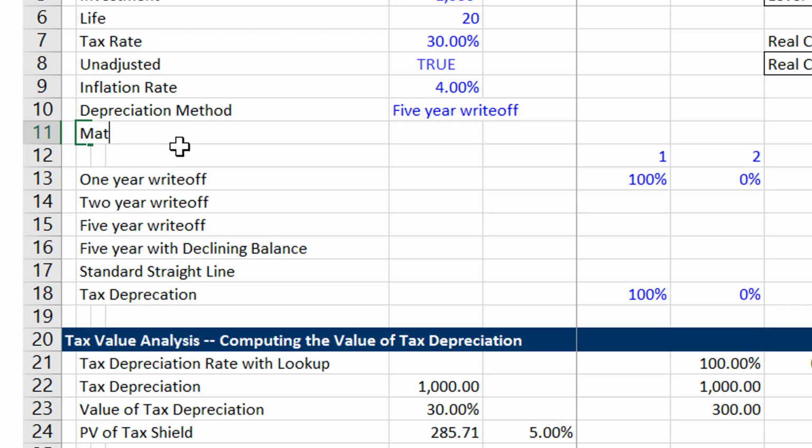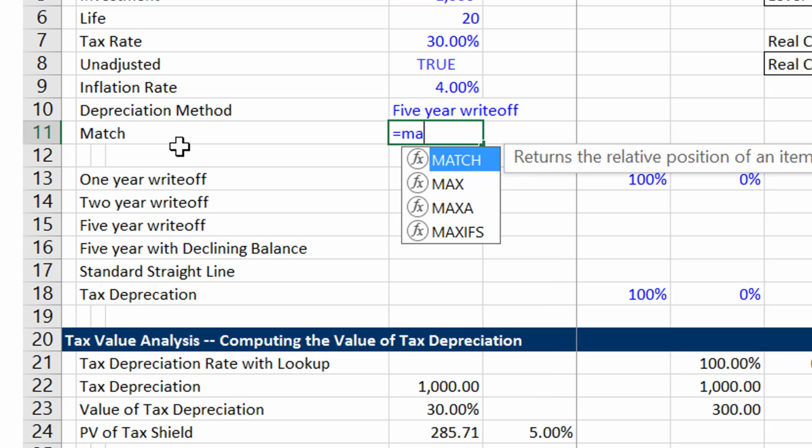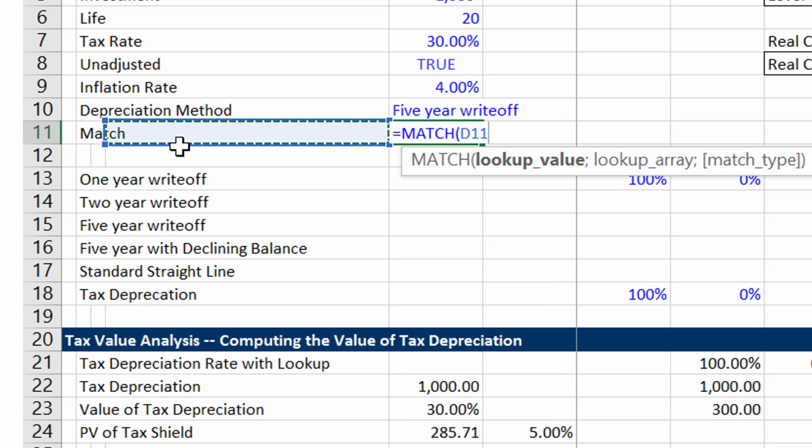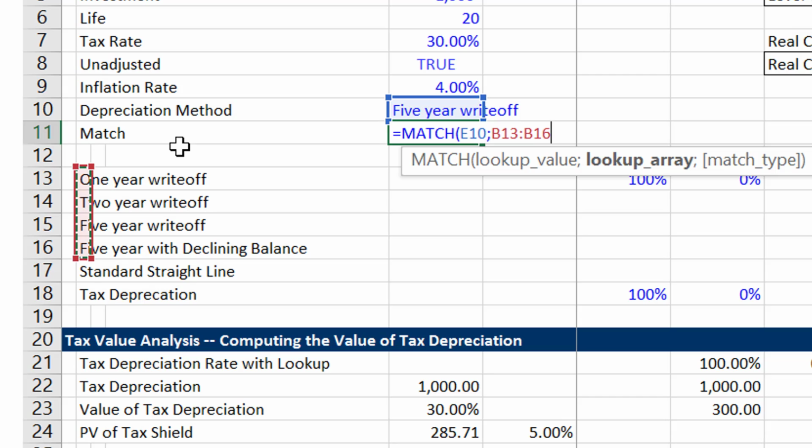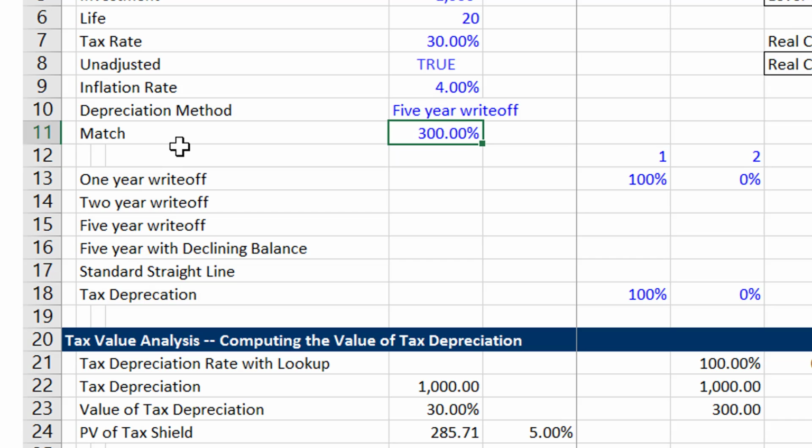And then we use our match, and we match that against all of this. Okay. And we get a number 3, and that's our index, kind of.